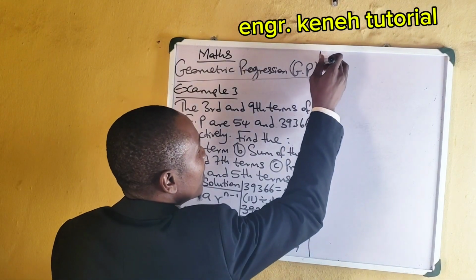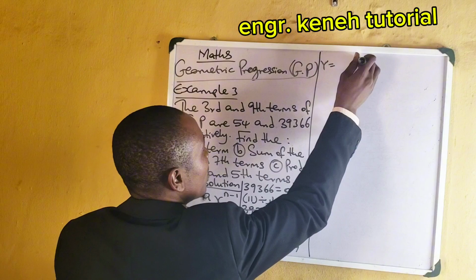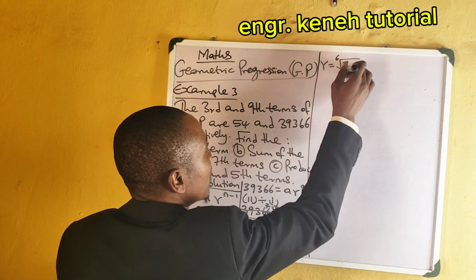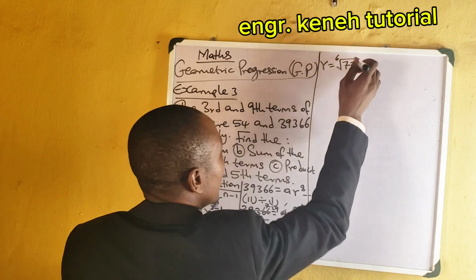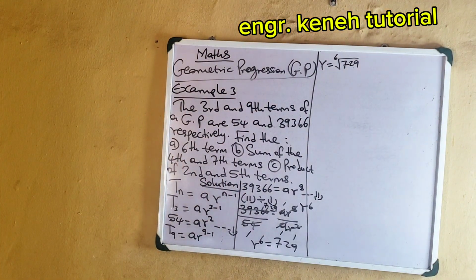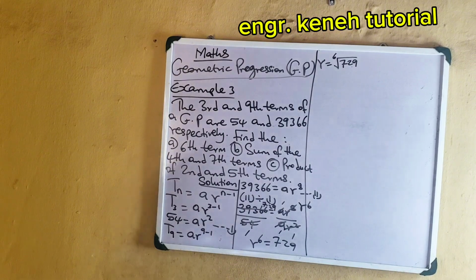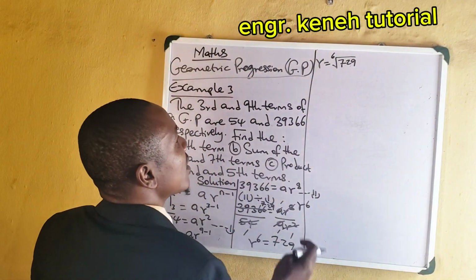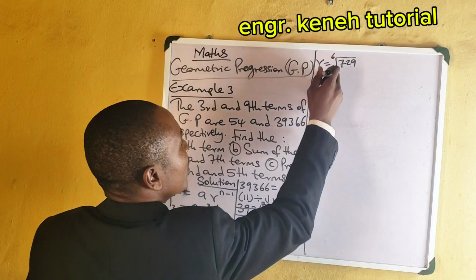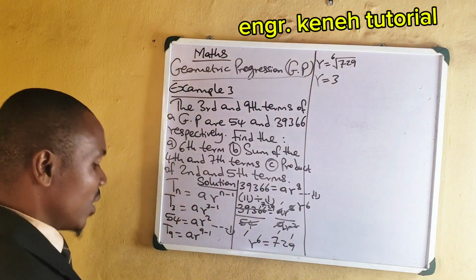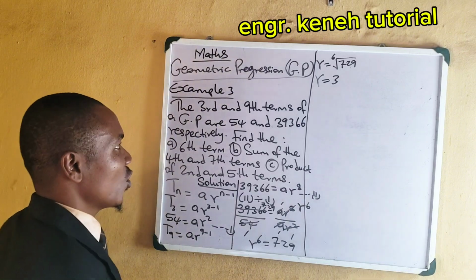So I will have r is equal to the 6th root of 729. The 6th root of 729 will give us 3. So now we have obtained the value of r to be 3.